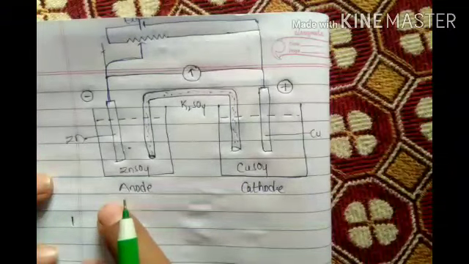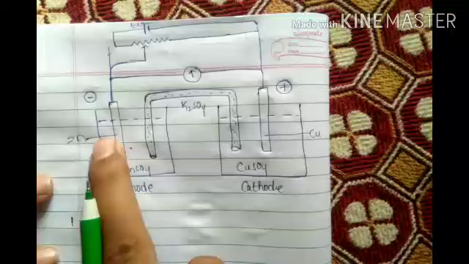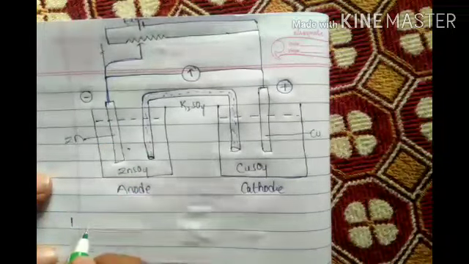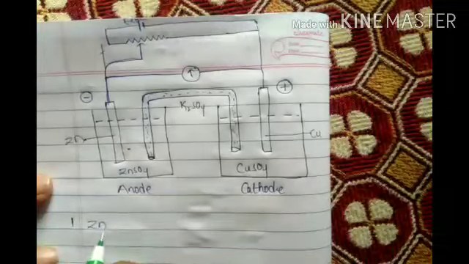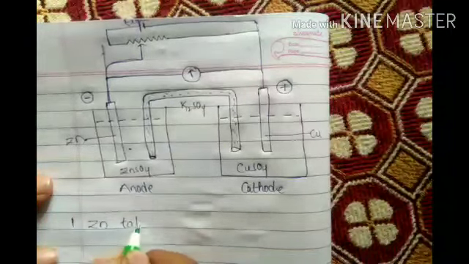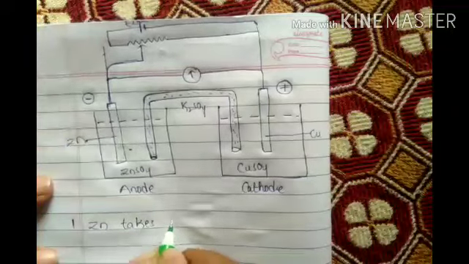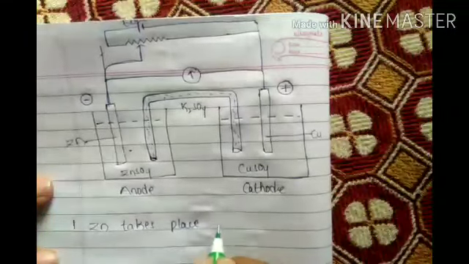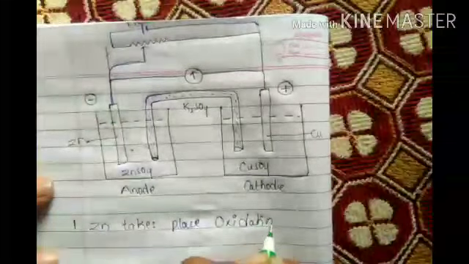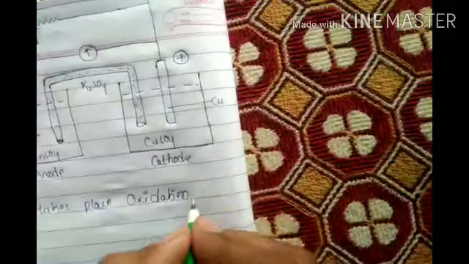Zinc electrode means this. At the zinc electrode oxidation takes place. Zn oxidation takes place at anode.